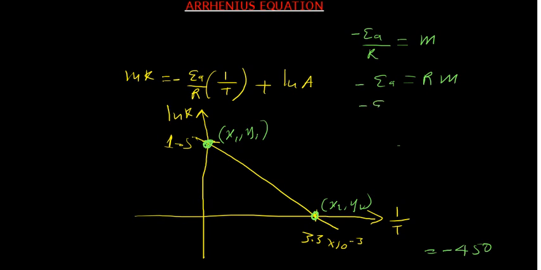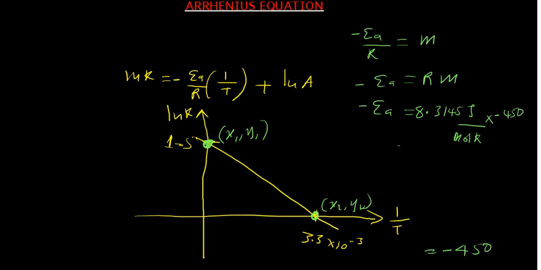Now, the universal gas constant is 8.3145 joules per mole Kelvin, and then we multiply by the gradient value, negative 450.